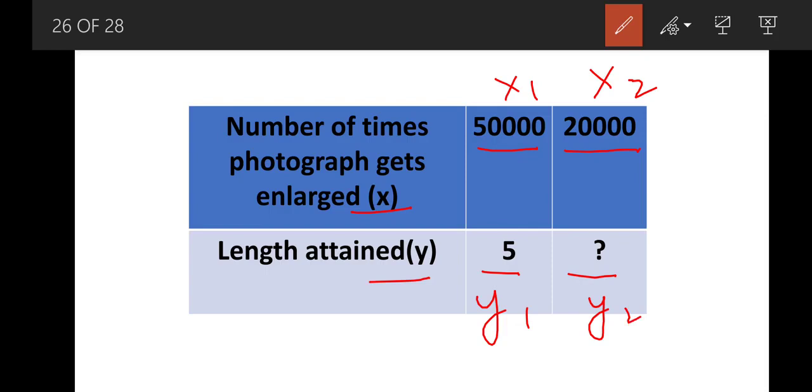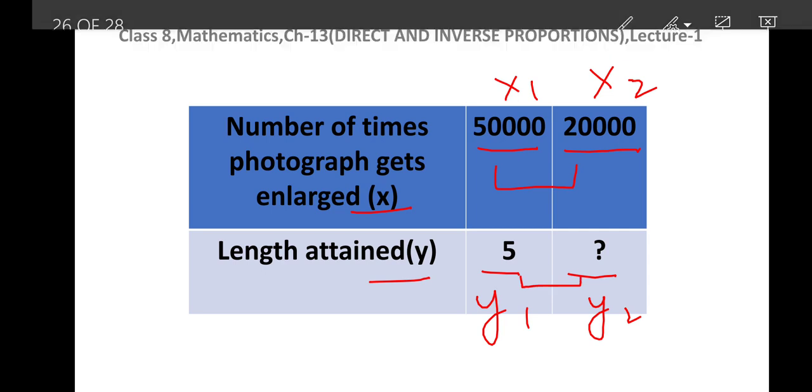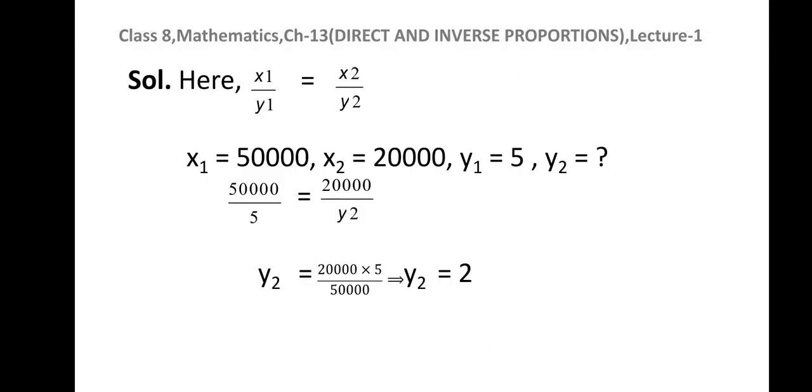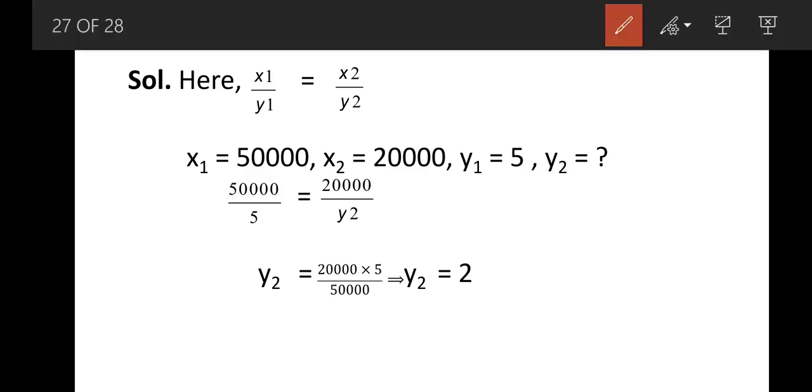So how can we solve it? X1 over Y1 is equal to X2 over Y2. If this quantity is decreasing, the length attained will also decrease. So this is a case of direct proportion, because a decrease in one quantity results in a decrease in the other quantity.